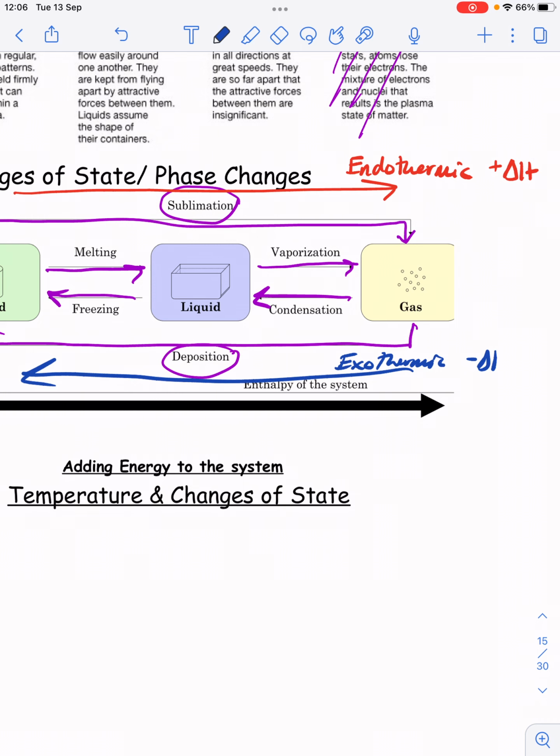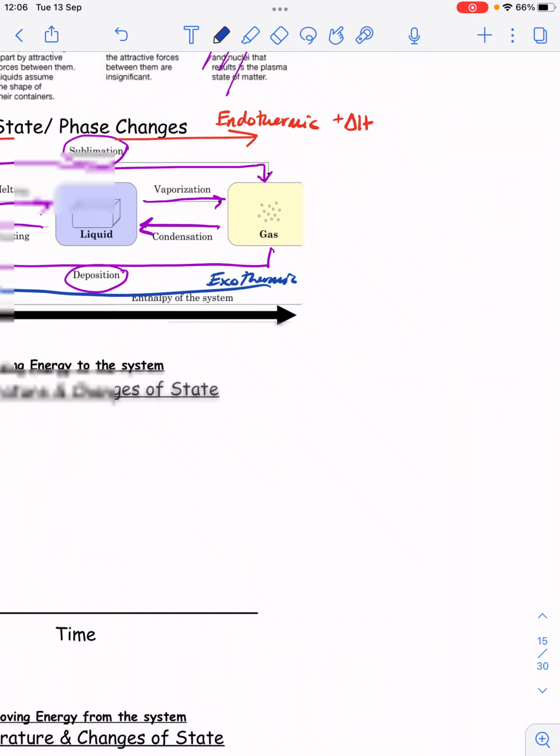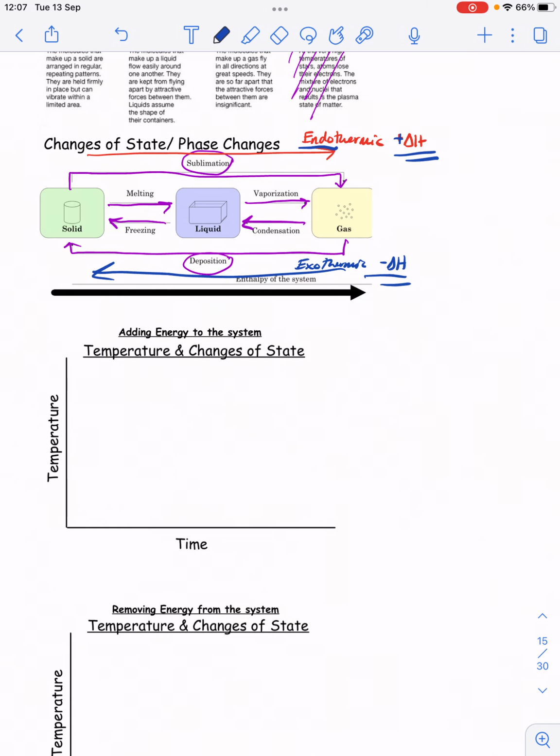But as a general rule, what I want you to try to remember is that when particles come together, they release energy. That's an exothermic change. And when particles are separated, that requires energy input. So we're saying plus energy. You have to put energy into, endo is like into the system, instead of exit like exothermic.